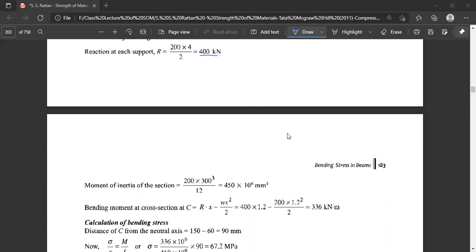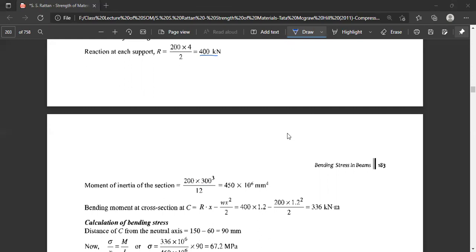The bending moment at a cross section is R into x minus w into x squared by 2. Here 400 is the reaction, multiplied by x, which is positive because it is the anti-clockwise moment.